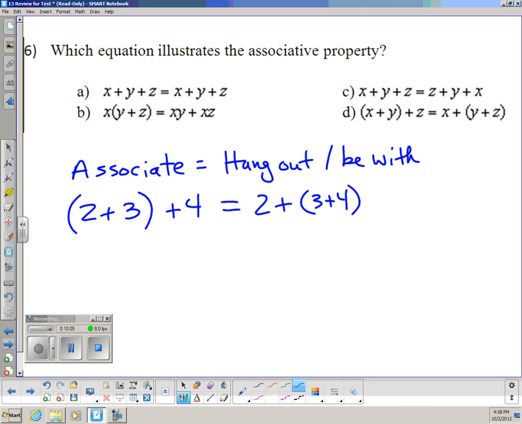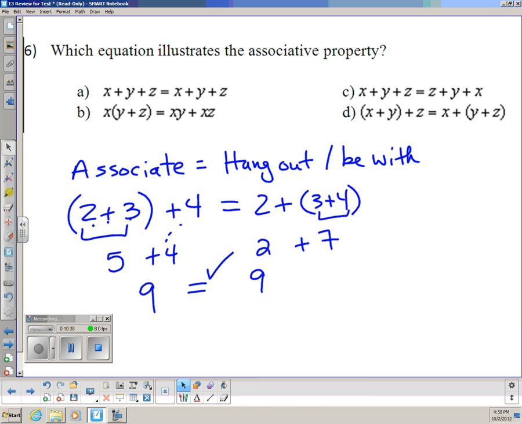So what I'm saying is 2 and 3 are associating with each other on the left. 3 and 4 are associating with each other on the right. But at the end of the day, if I were to do both sides of this equation, I would get the same answer. So for example, 2 plus 3 is 5. I would do what's in parentheses first. And then 5 plus 4 is just 9. On the right-hand side, I would do the 3 plus 4 first, which is 7. And 2 plus 7 is 9. And 9 equals 9. That's the associative property.